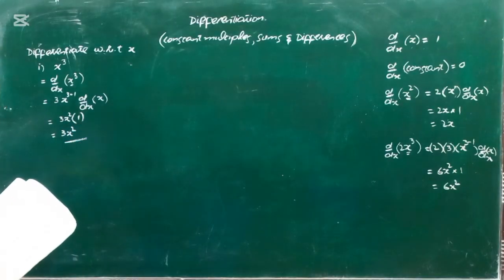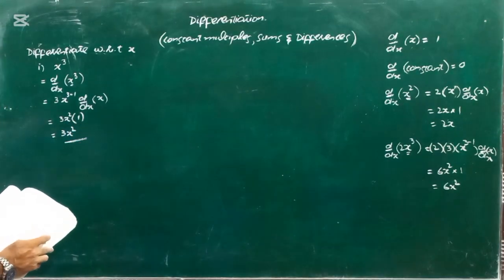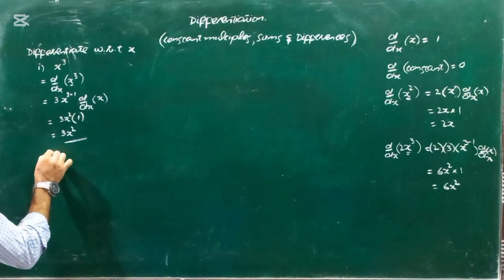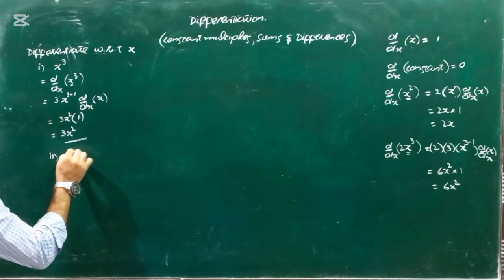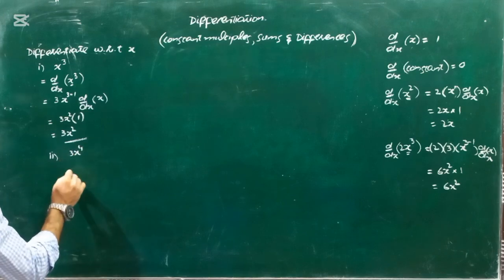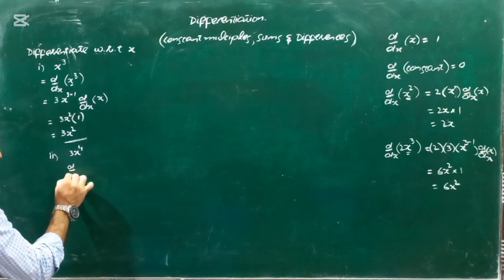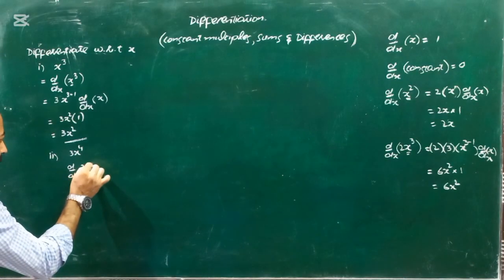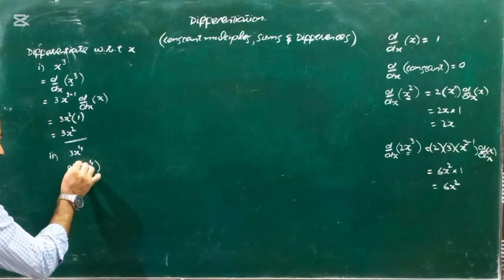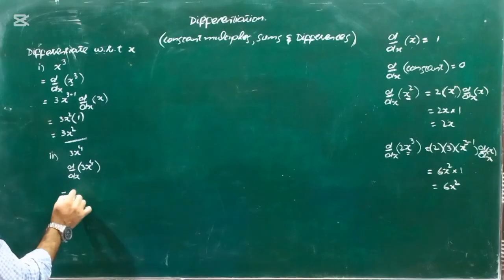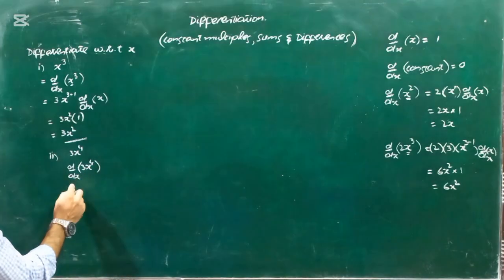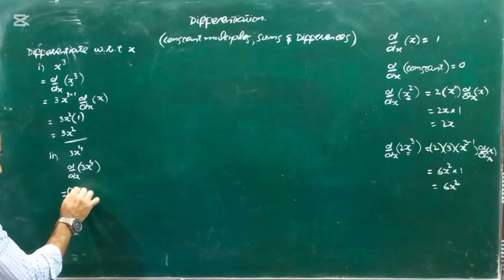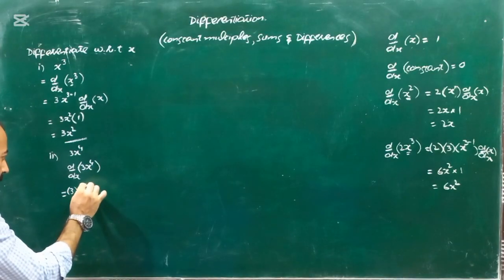Okay, we are going to put another question, that is 3x raised to power 4. So look now, d over dx of 3x raised to power 4. So the method will be the same again. This 4 will come down. So this 3 is still there. 4 is coming down.